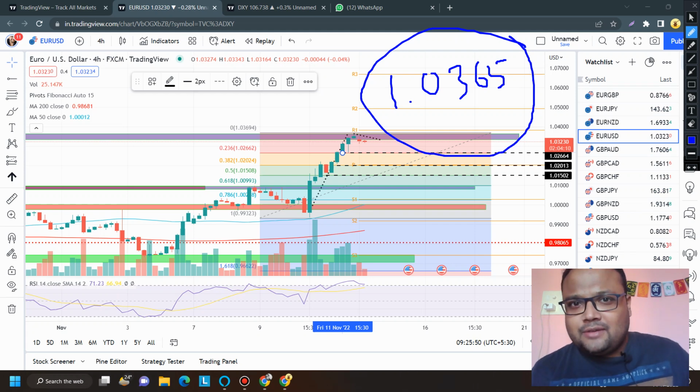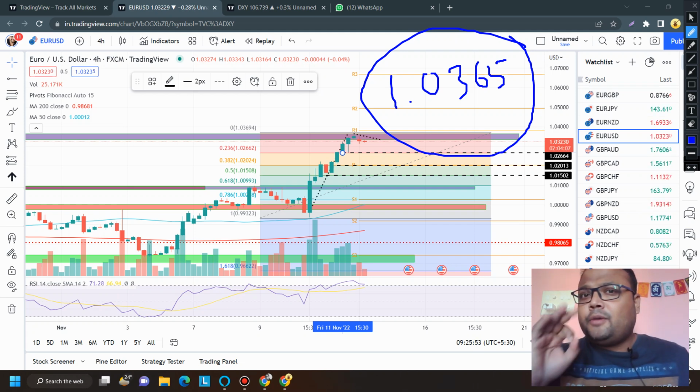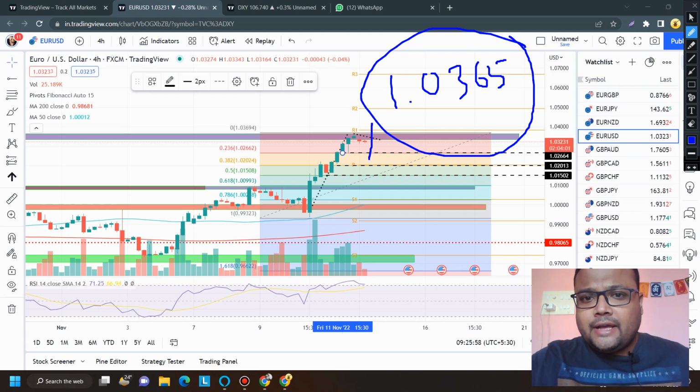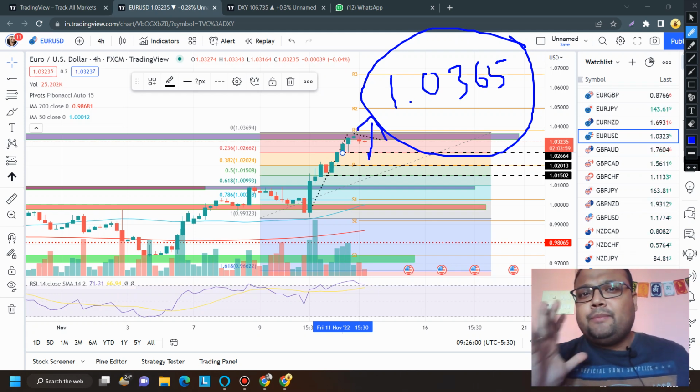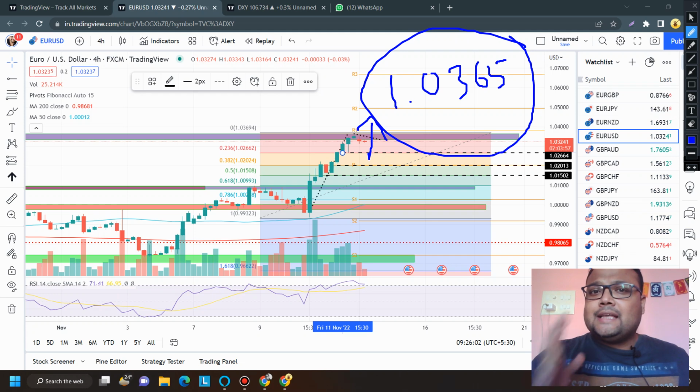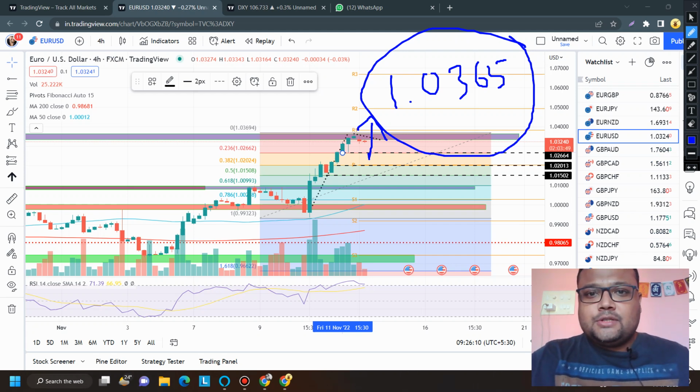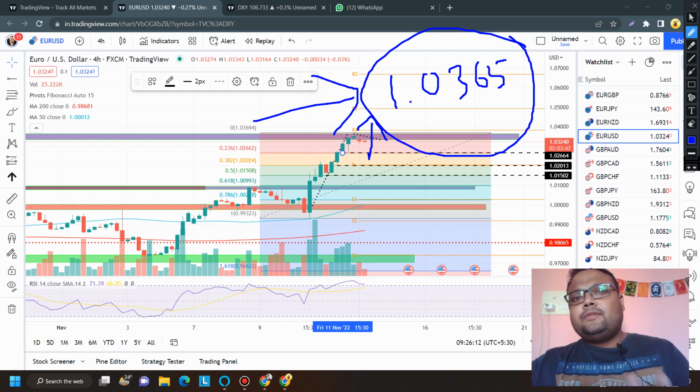So to protect yourself, follow proper risk management during this day, especially during the European session or US session. If you see a breakout scenario like this, you can go for a buy position, but do not forget that as retail traders our capital is limited. We cannot gamble with our hard-earned money, so think wisely and then take the position. So this can be a breakout level for us if the market shows a breakout kind of scenario.